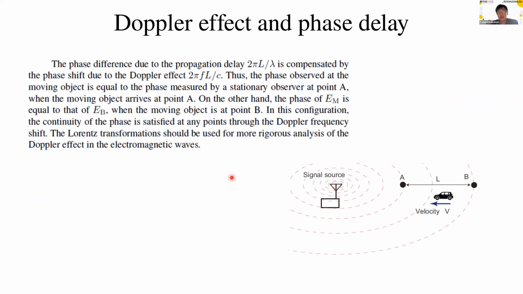Okay, here is some explanation. The phase difference due to the propagation delay, 2 pi L over lambda, is compensated by the phase shift due to the Doppler effect.